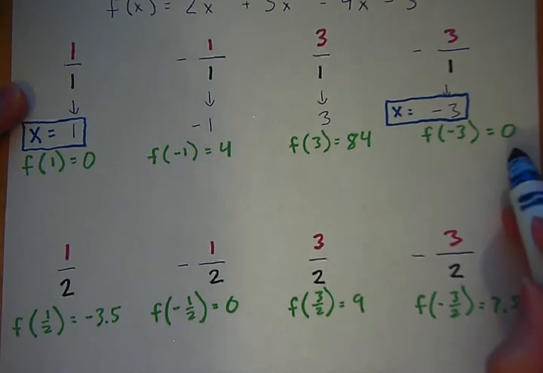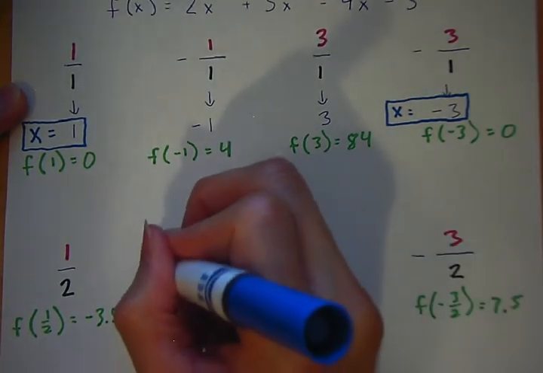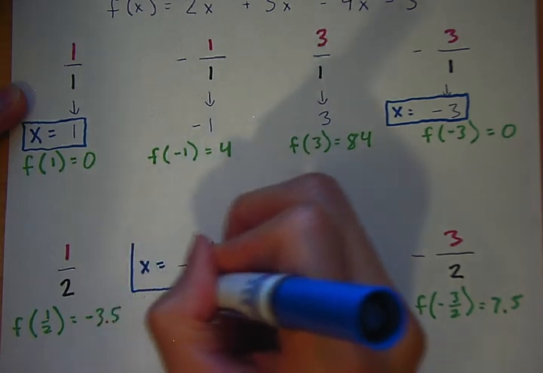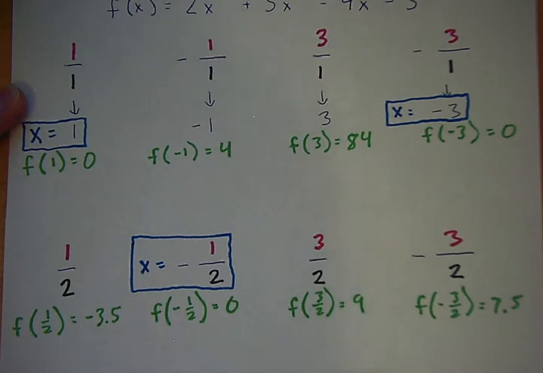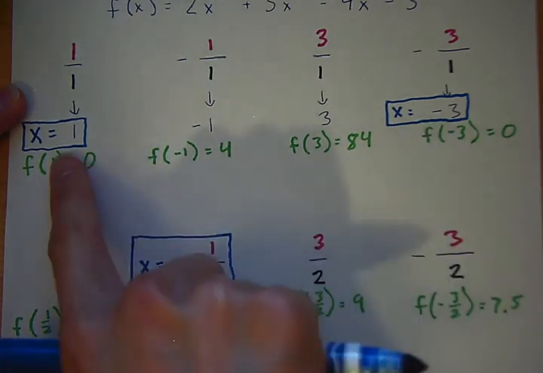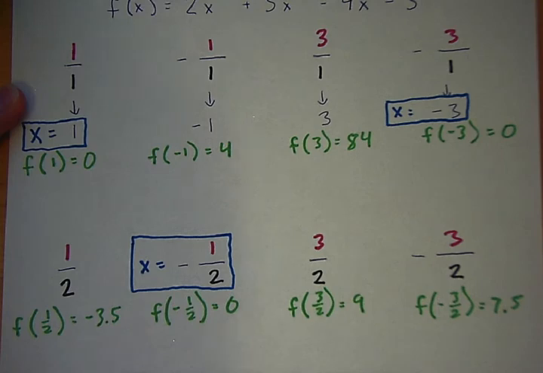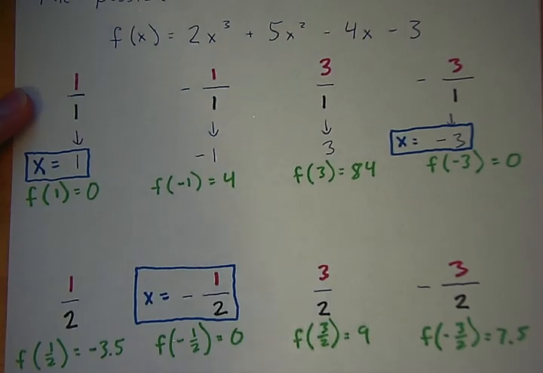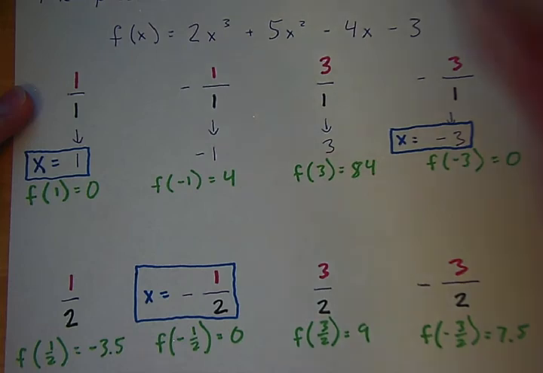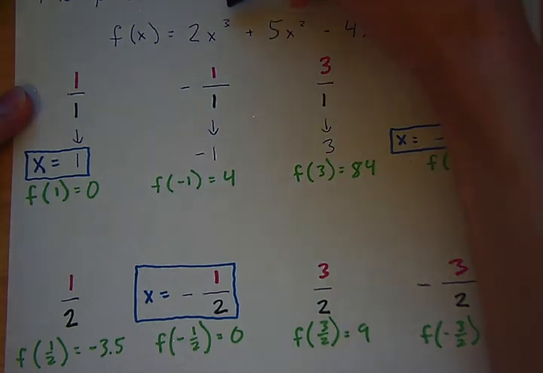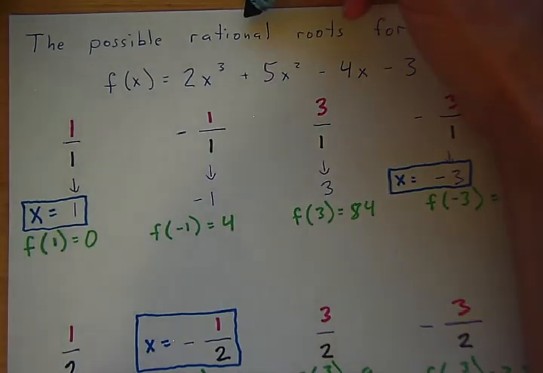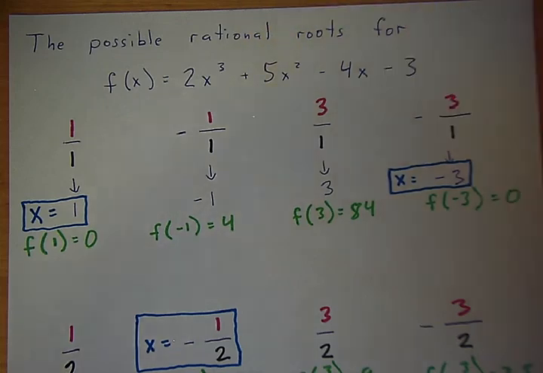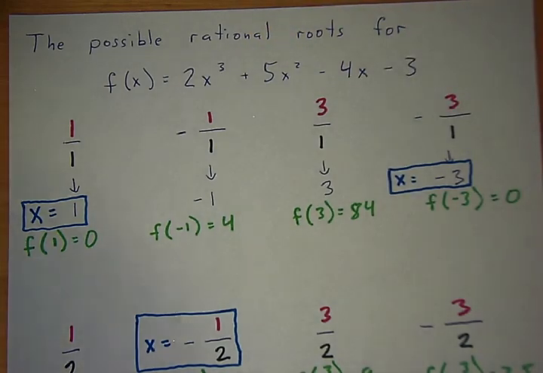And finally, when x equals negative 1/2, your y is equal to 0. So these are your 3 roots. I know there's going to be 3 roots because the biggest exponent is a 3. Just for the record, this only shows you all the rational roots. There might be roots that are not rational.